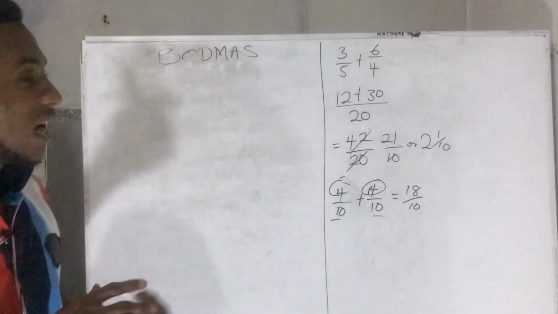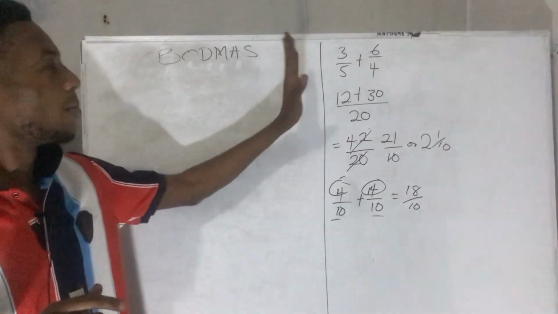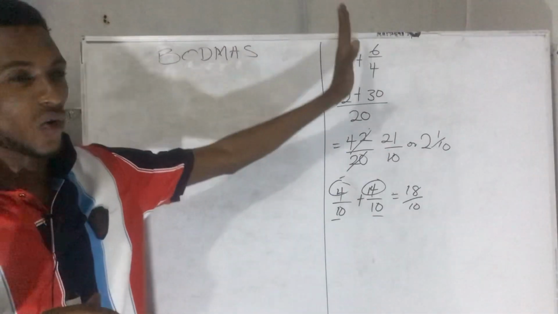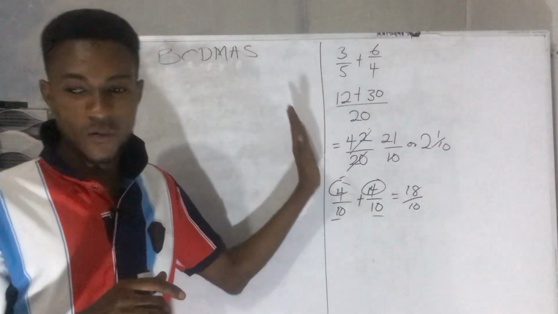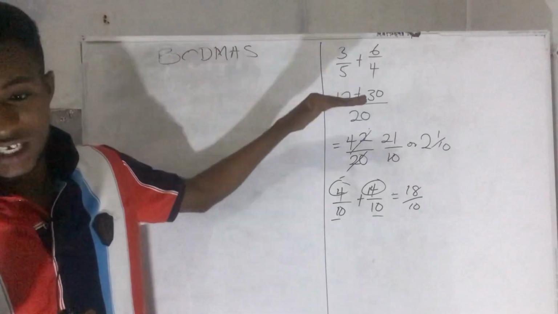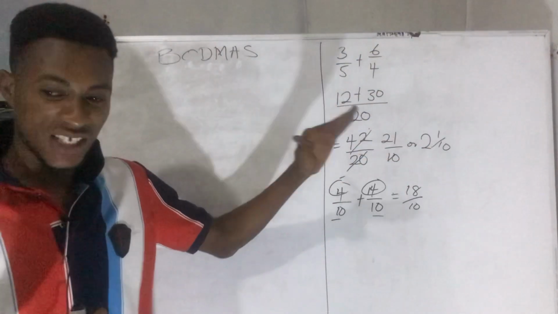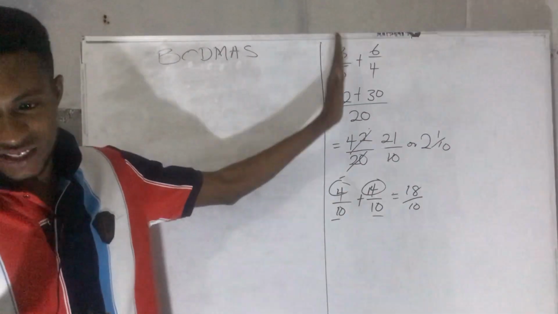Do you get it? So all I want you to do for me right now is to master addition of two or more fractions, subtraction of two or more fractions. With addition and subtraction, you find what? LCM. Then multiplication and division, you do what?